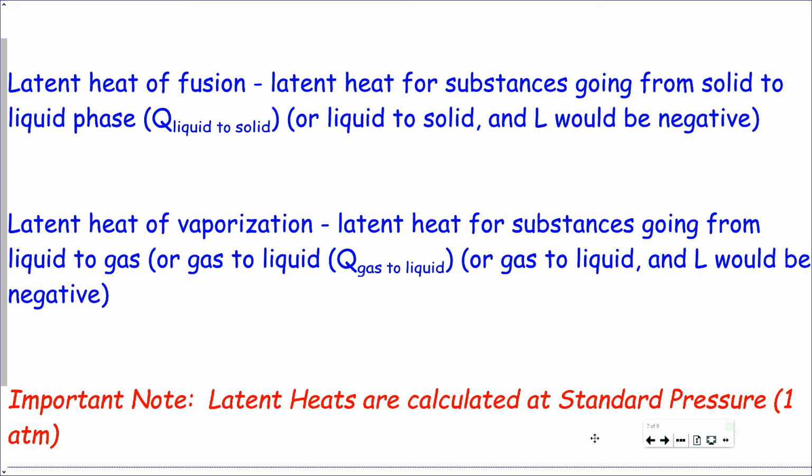One important note here is that all of these latent heats are calculated at standard pressure of 1 atmosphere. When you get into gas laws next year in chemistry, we're going to change the pressure around. However, in physics this year, just assume that the pressure is not changing.